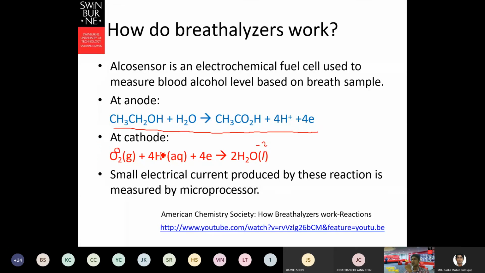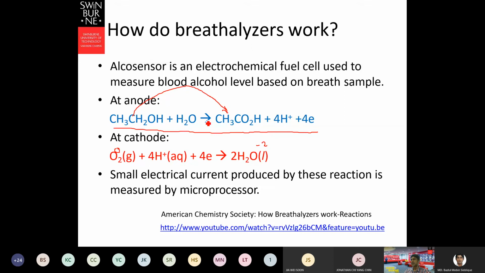So it gains the electron and becomes reduced at the cathode. The opposite thing happens here: the alcohol becomes oxidized and produces acetic acid, with one more oxygen.